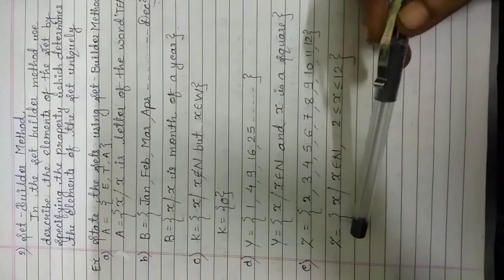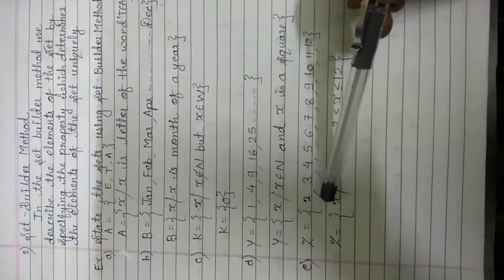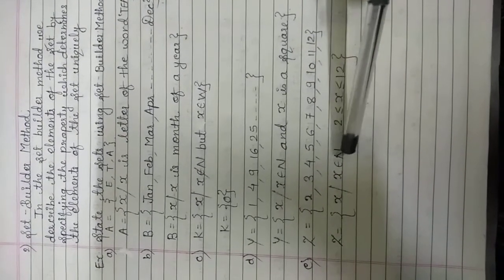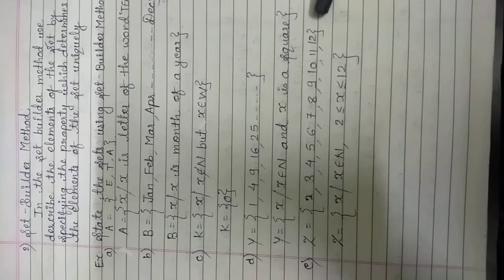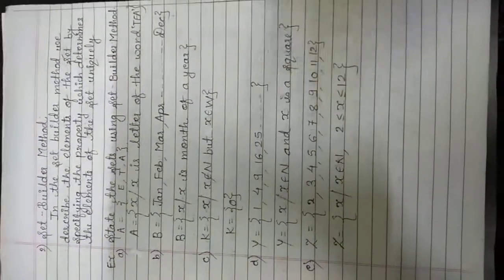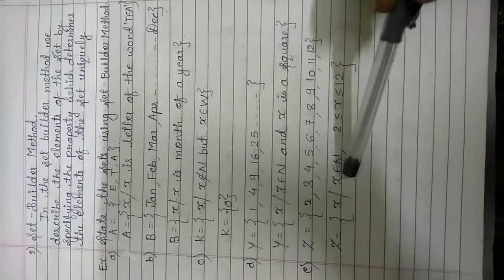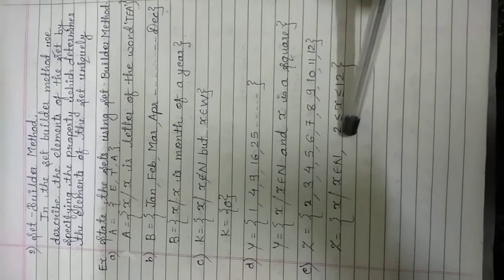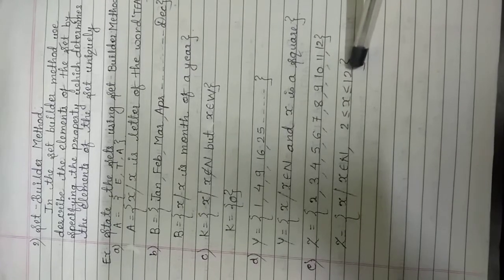So while writing the set builder method, we will write z is equal to set of all x such that x belongs to natural number, but since "and so on" is not given, we will write the condition that x lies between 2 and 12, where 2 and 12 both are included.